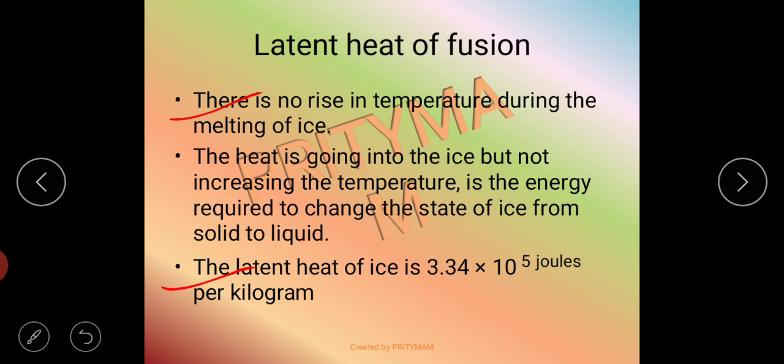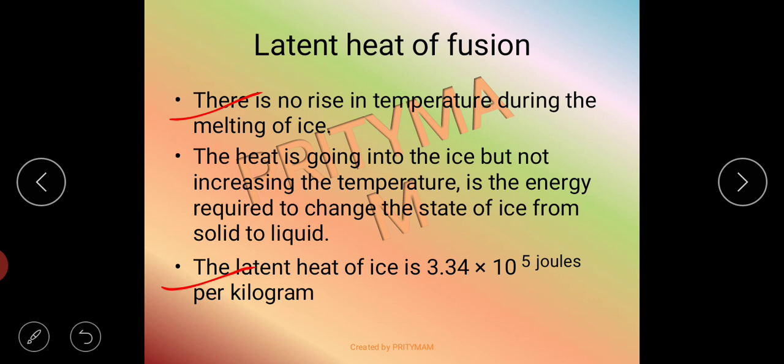The heat which we supply to the ice during melting is all used up in overcoming the forces of attraction between the ice particles, so that they become somewhat loose and form the liquid. And this heat does not increase the kinetic energy of the particles, and so there is no rise in the temperature during the melting of the ice.